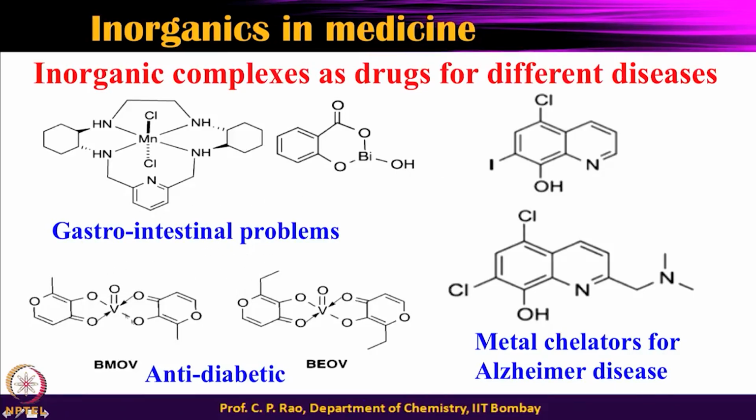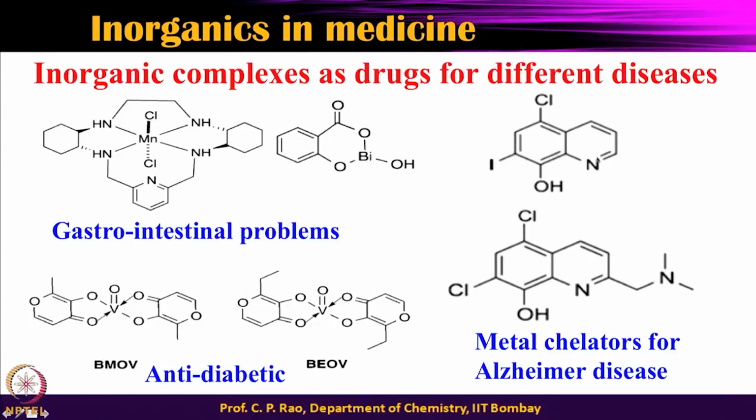These are used in gastrointestinal problems. Vanadium, you can see this compound here and the other compound here with some difference. This is the methyl part, this is the ethyl part, the only difference is the methyl ethyl derivative. These are used as anti-diabetic compounds. See some things here. What do you see here? There is a nitrogen, there is a hydroxyl: 1, 2, 3, 4. If you have a metal, it will become 5 membered.